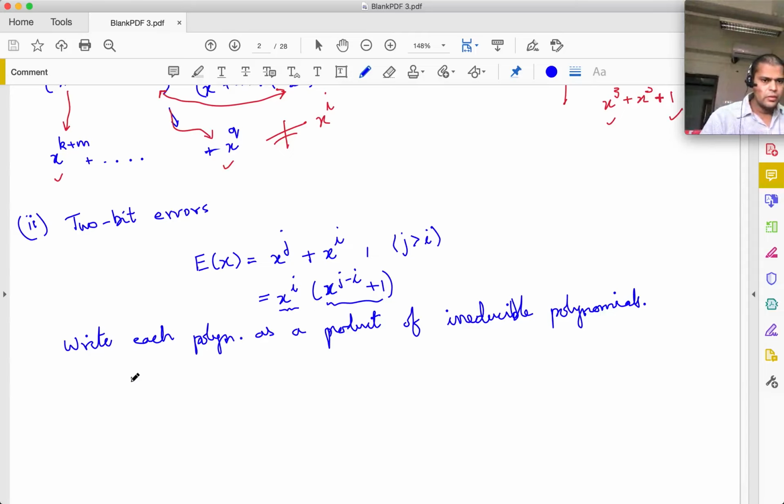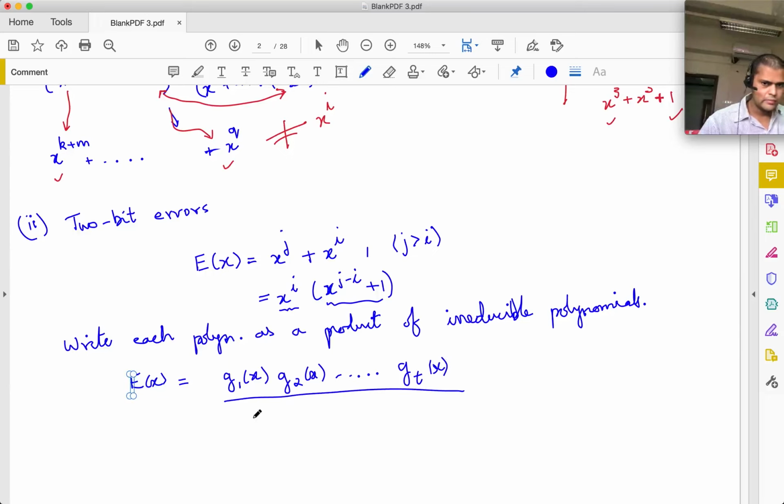So effectively I am trying to write e of x in terms of some irreducible polynomials. Of course, in this example it's going to look like this, but in a general case you have several of these, divided by, and let's say c of x can be written as another set of irreducible polynomials.